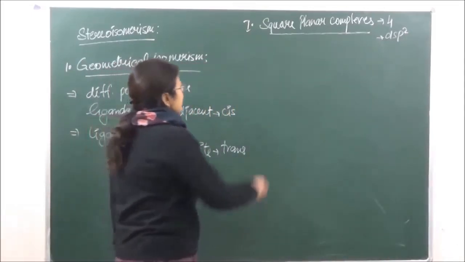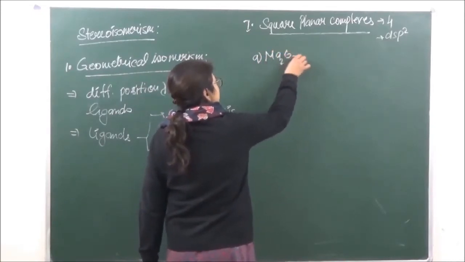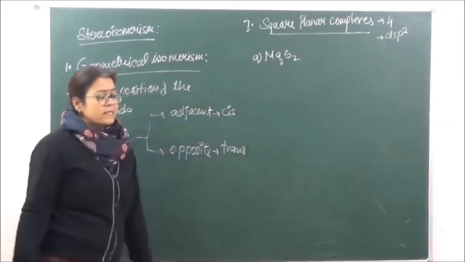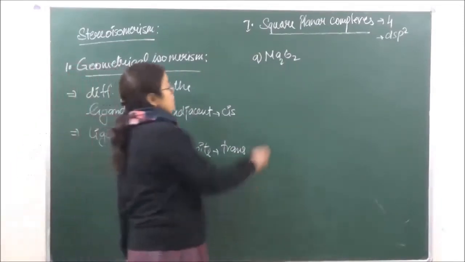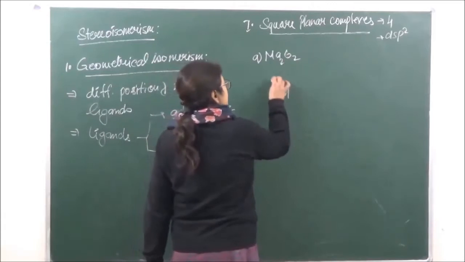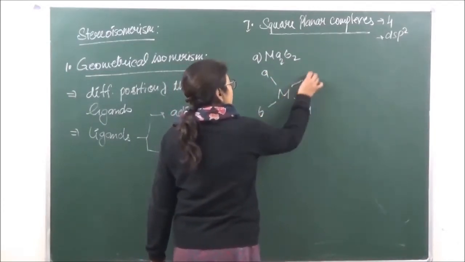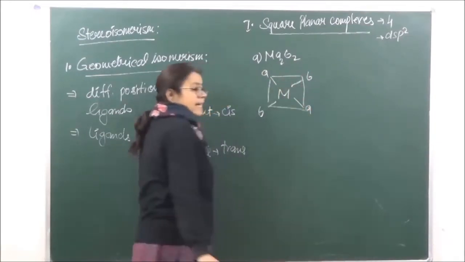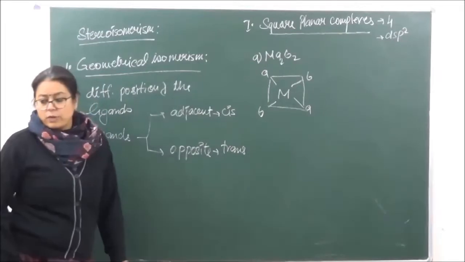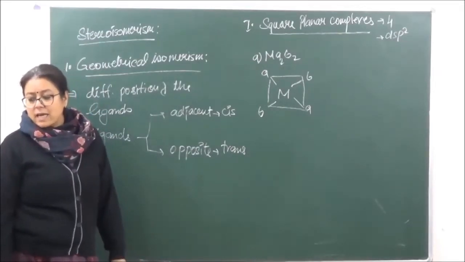Okay, so let's take first Ma2B2 type of complexes. Now in Ma2B2 type complexes, if A is at opposite positions to each other, as you can see over here, this is known as the trans isomer.